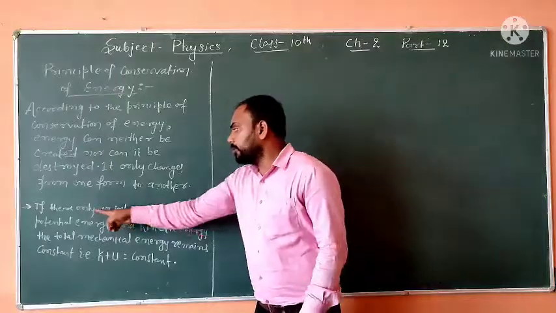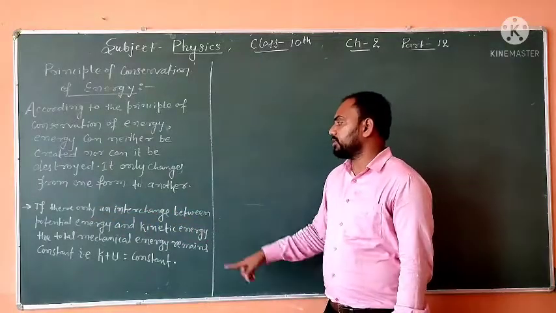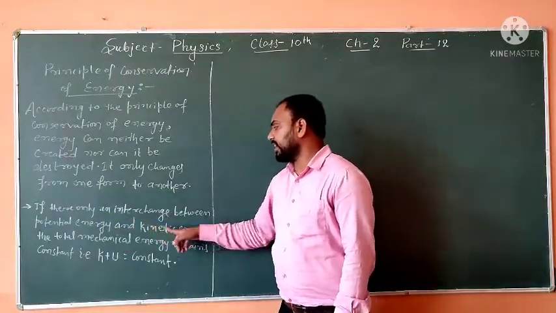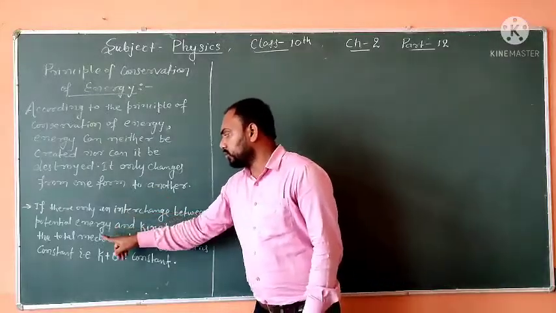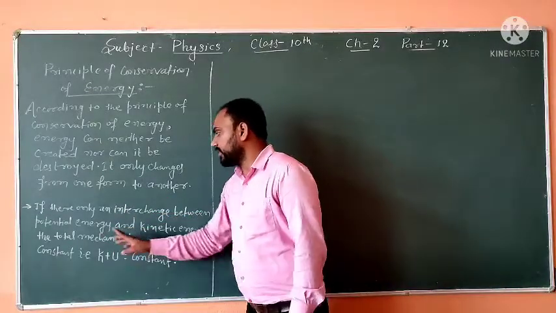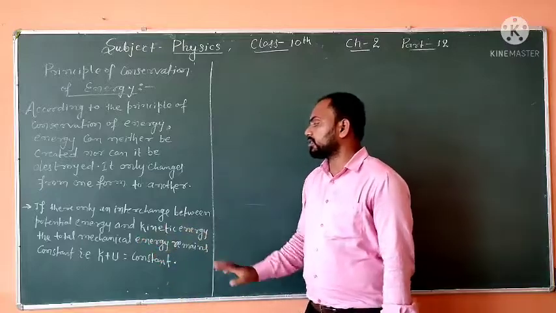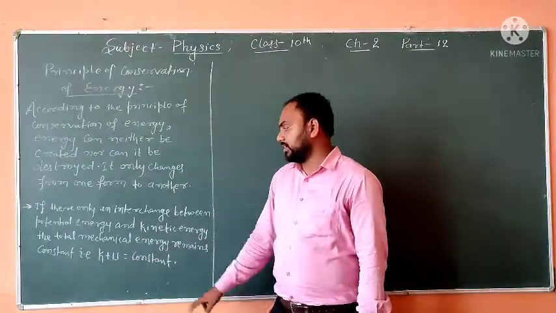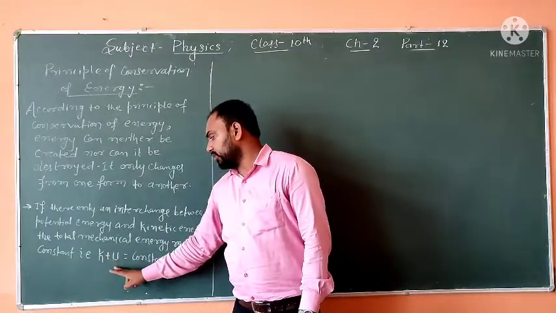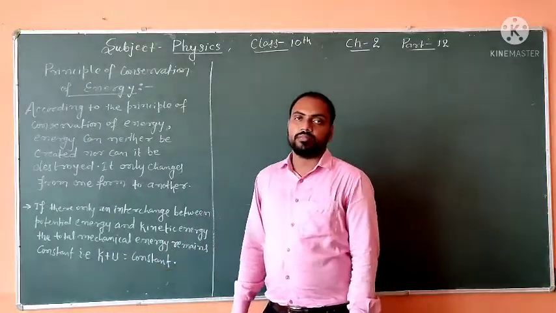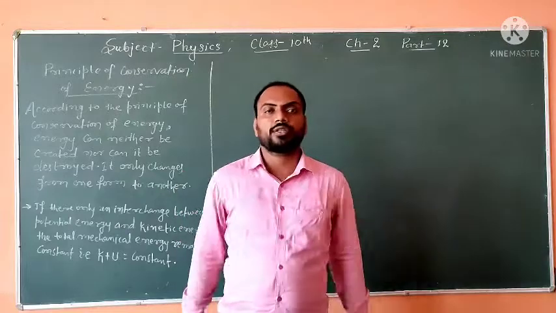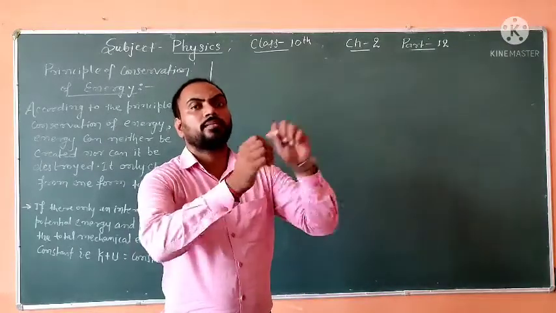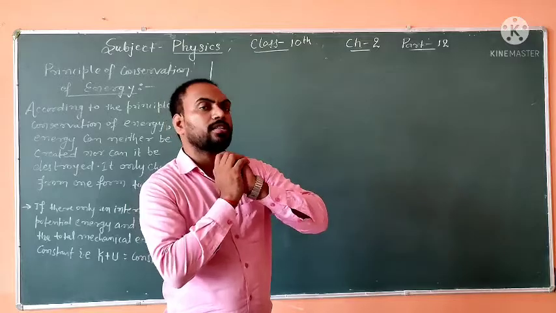If there is only an interchange between potential energy and kinetic energy, the total mechanical energy remains constant. That is K for kinetic energy and U for potential energy. The sum of kinetic energy and potential energy remains constant, meaning whatever the phase or condition, the energy will be the same.